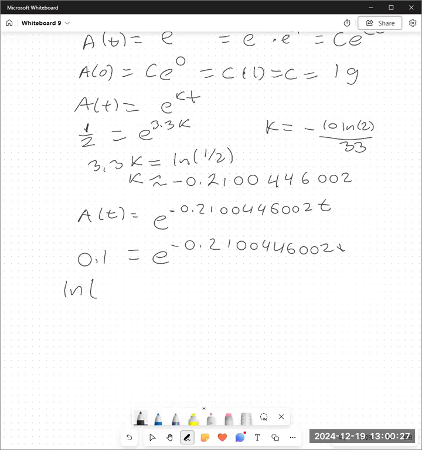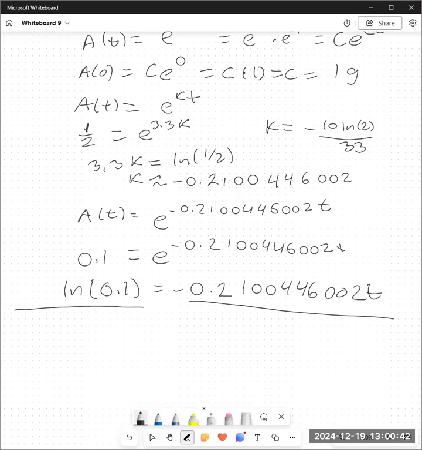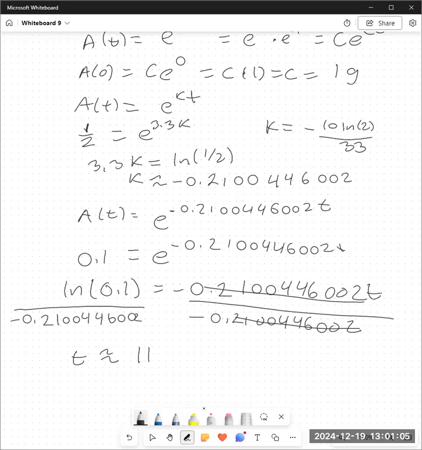So ln of 0.1 is equal to negative 0.21004460002t. We're going to divide by that big nasty number. So that t is about 11, and then we're in hours here.